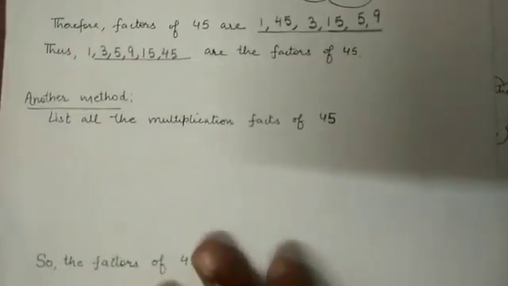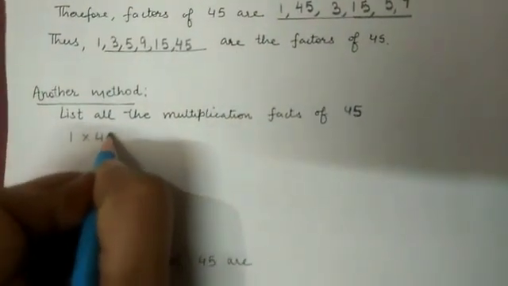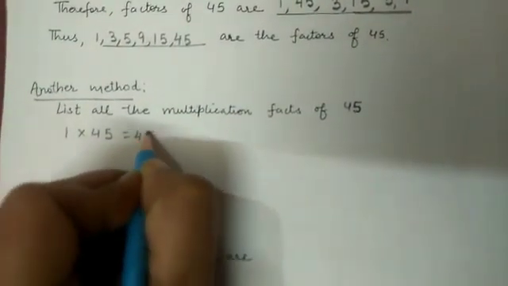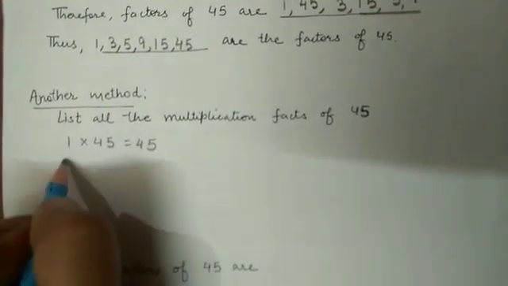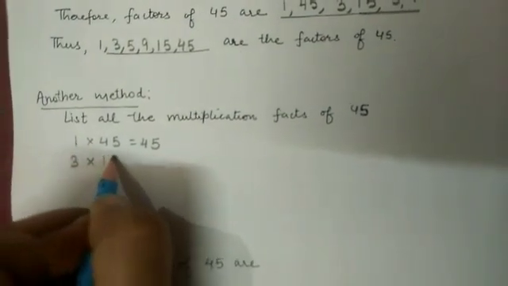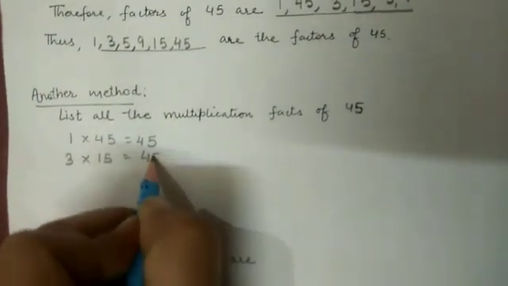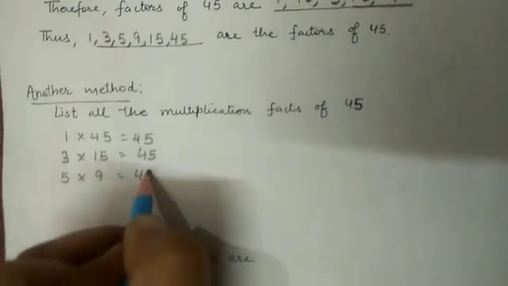Now, another method, listing the multiples. We know that every number is divisible by 1. So first factor will be 1 into 45. Now, second, 3 multiplied by 15. Then, 5 multiplied by 9.